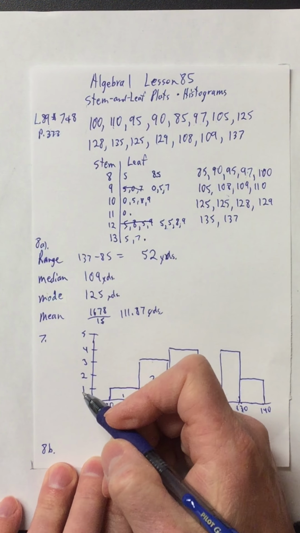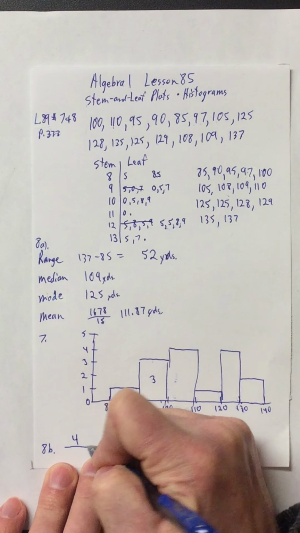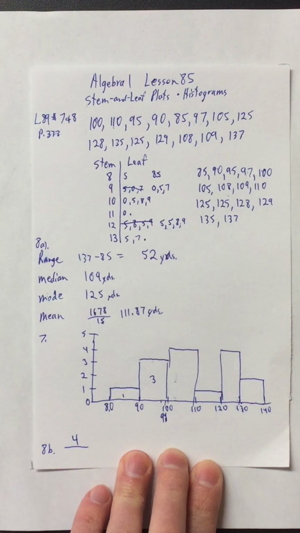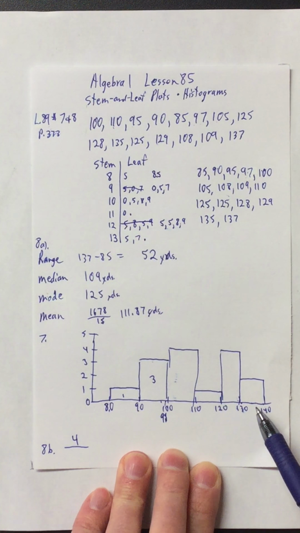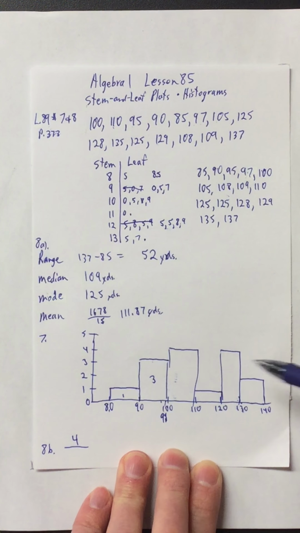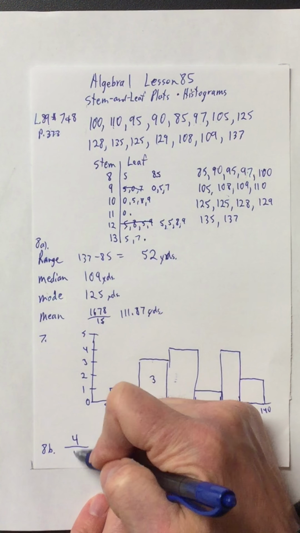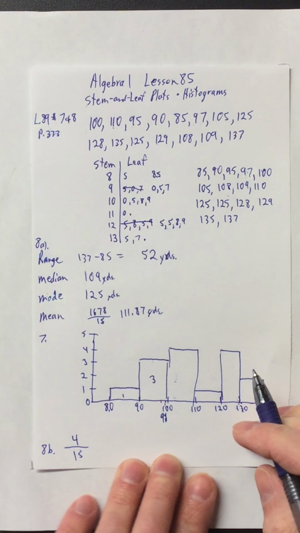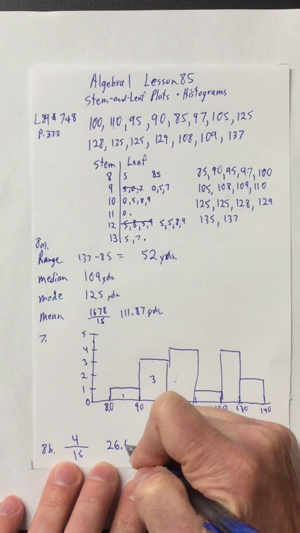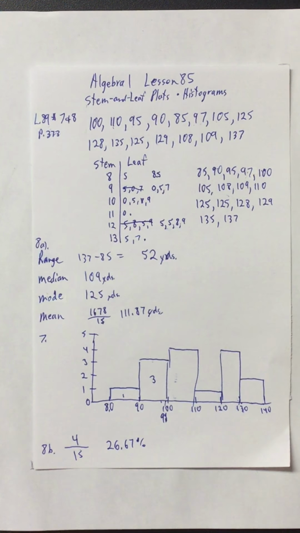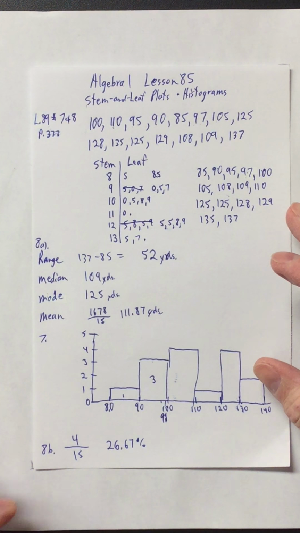If I add those together, I get 4 that show up in that category. It wants me to give a percentage, and so I'm going to take 4 out of the total amount of numbers, which once again, if we add them all up, is 15. So 4 divided by 15, do it on the calculator, and you get 26.67% as the answer for the percentage of shots that are 99 yards or less.